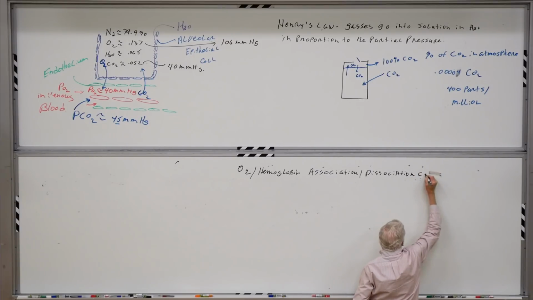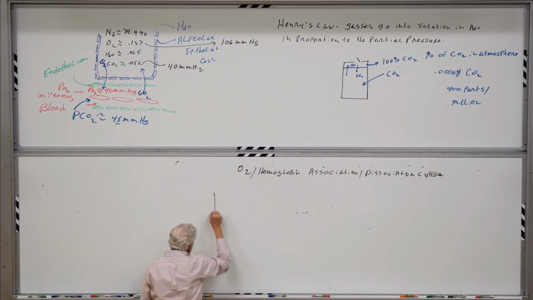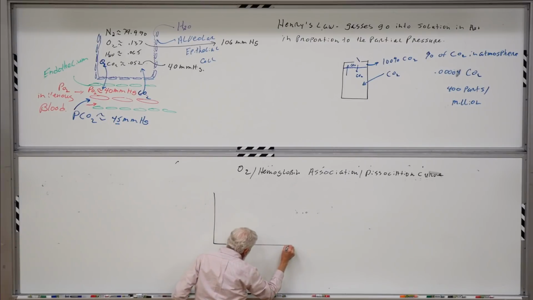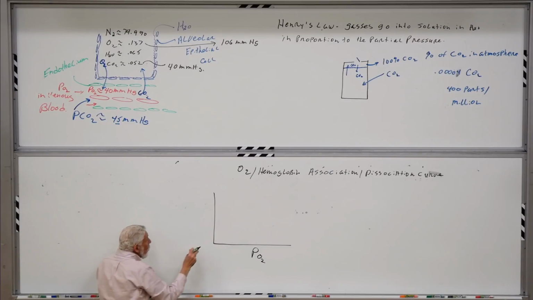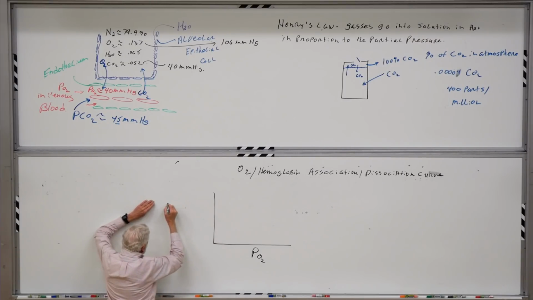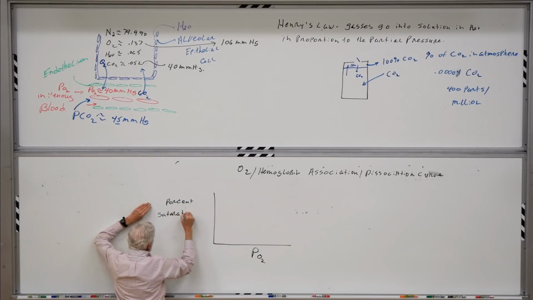Now this curve is plotted so that on the abscissa we're looking at the partial pressure of oxygen, PO2, and what we're plotting on the ordinate is the percent saturation of hemoglobin.